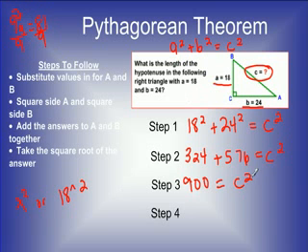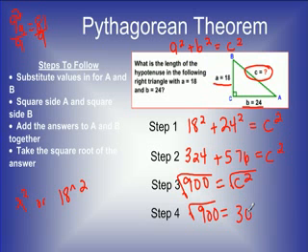The opposite of a square is a square root. So we're going to take the square root of 900, because that's the opposite. So the square root of 900, which is 30.